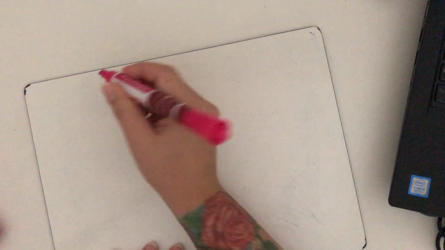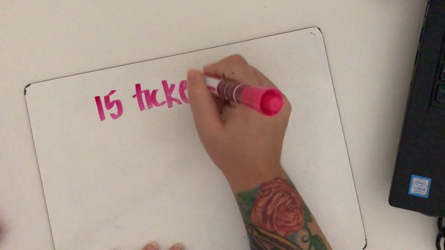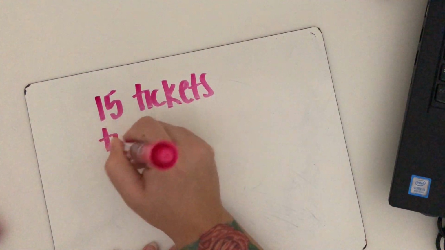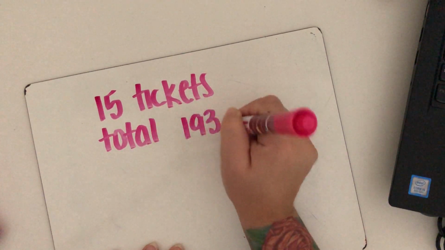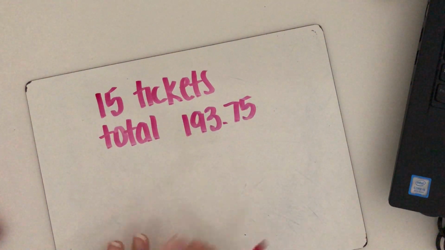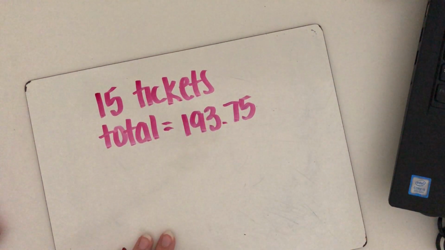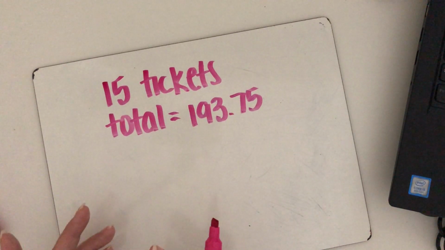15 tickets cost $193.75. So we have 15 tickets, and my total cost is $193.75. So what is the average cost of each ticket? Okay, so that means I first need to set up my equation.